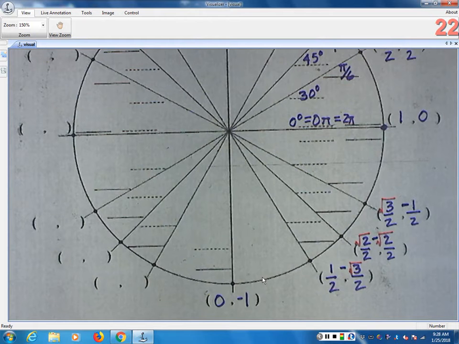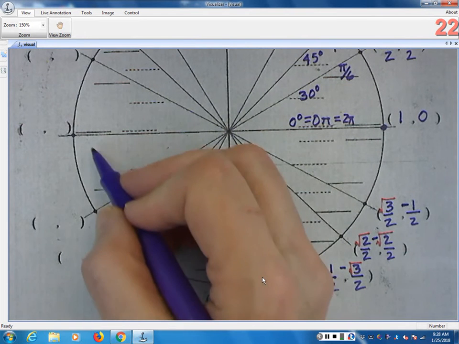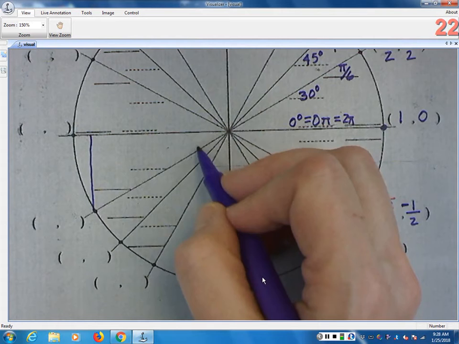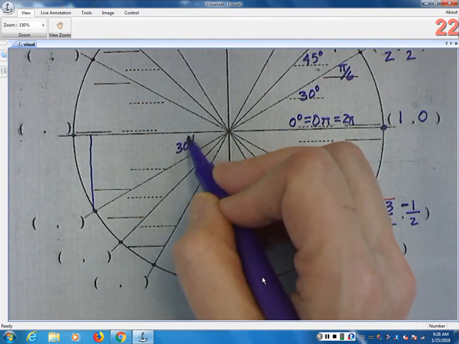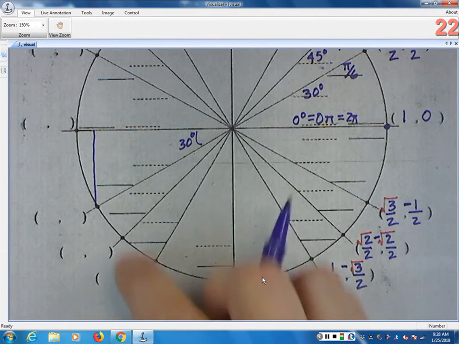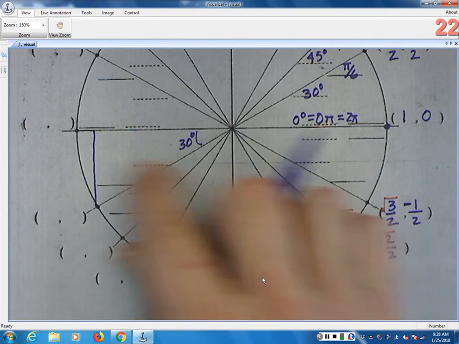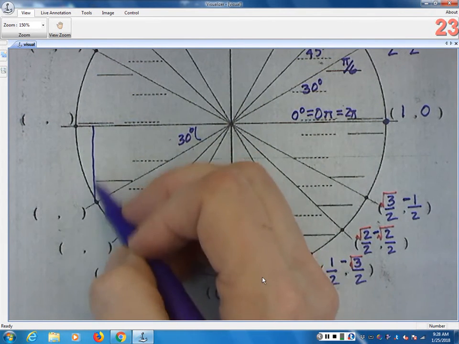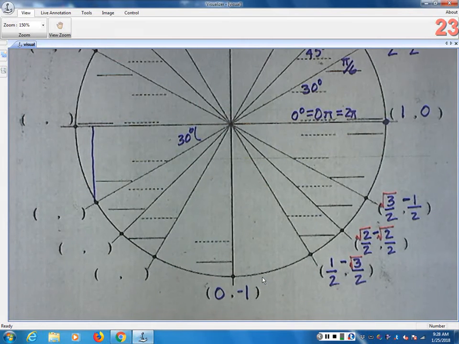And the other thing you can do is, this is a 30-degree angle here. And I know that 30-degree angle is a ratio of 1 to 2 here. So, anyway, I've got it.